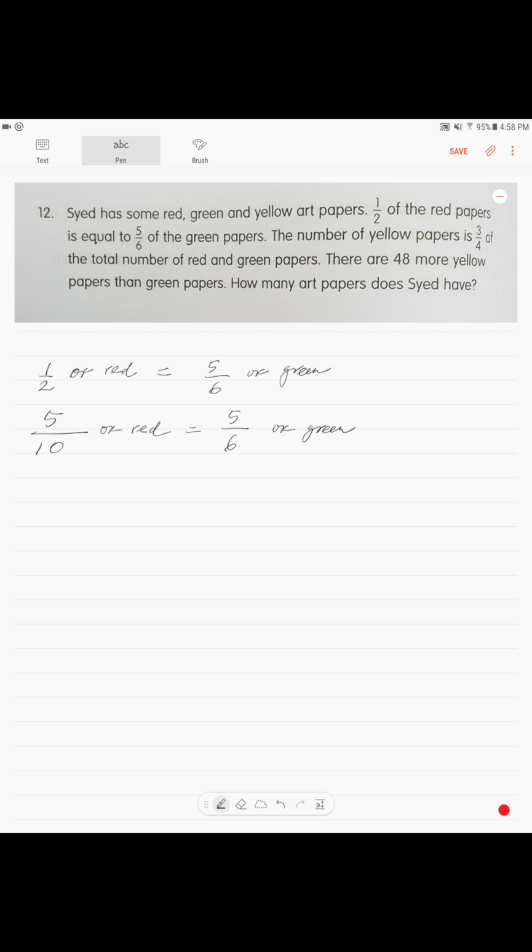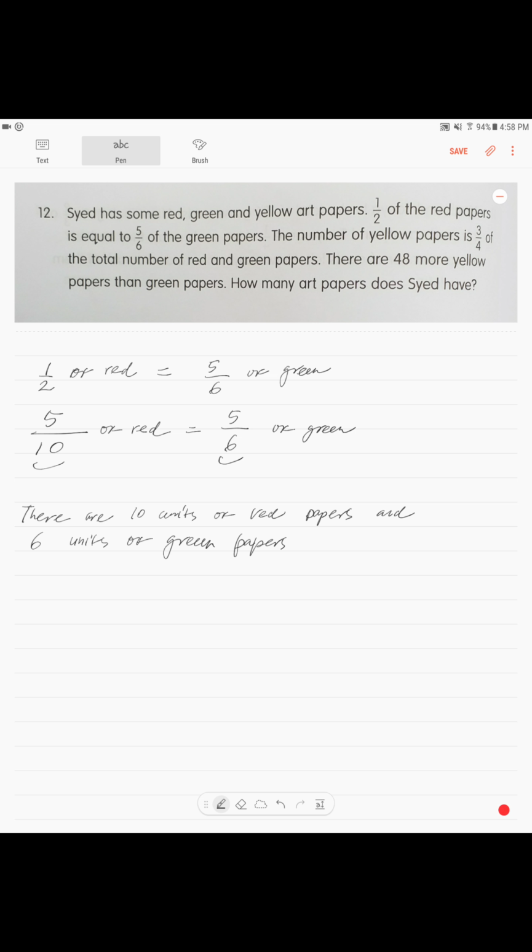Now our numerators are the same, 5 and 5, right? So our denominators now are 10 and 6. What are the units? There are 10 units of red papers and 6 units of green papers.